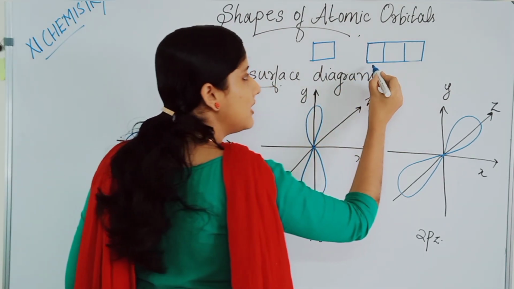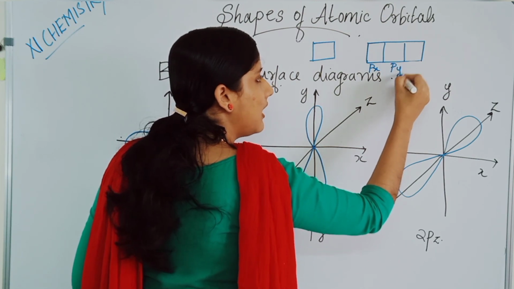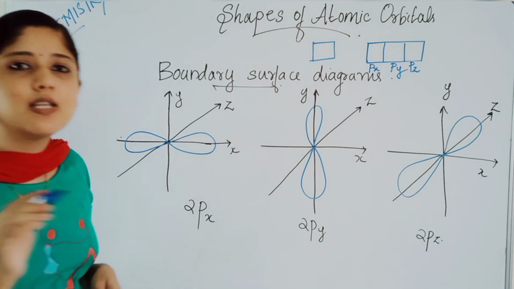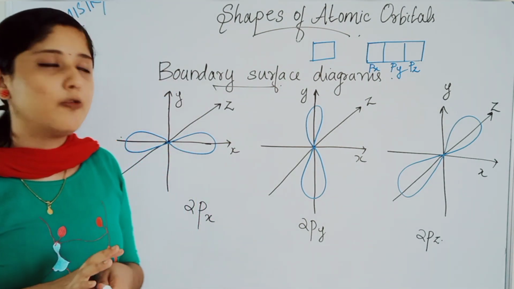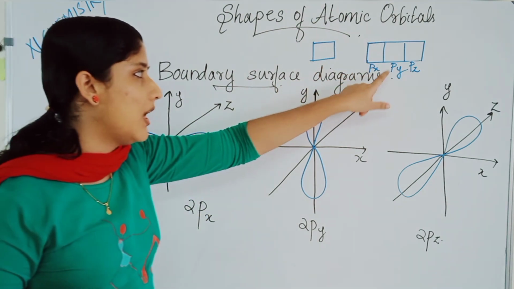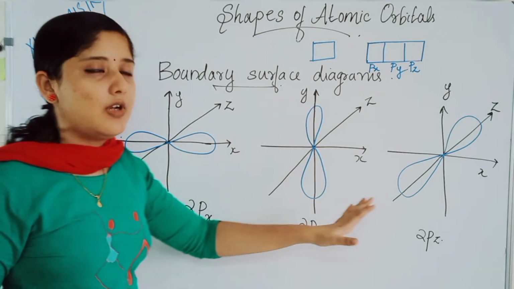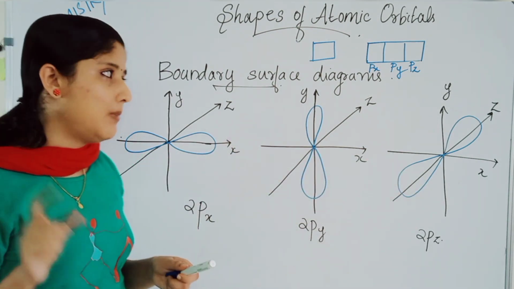This can be named as Px, this is Py, and this is Pz. As subscripts you can write Px, Py and Pz are the 3 orbitals of the p subshell. All of them will have different boundary diagrams.